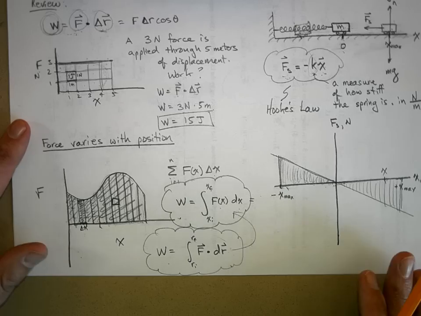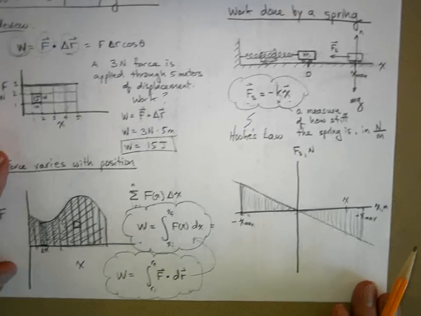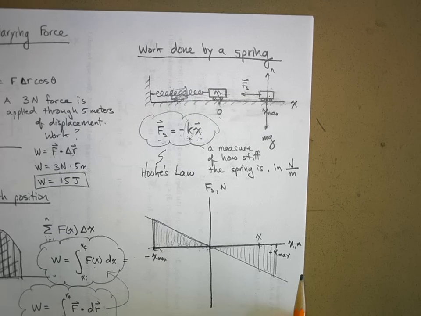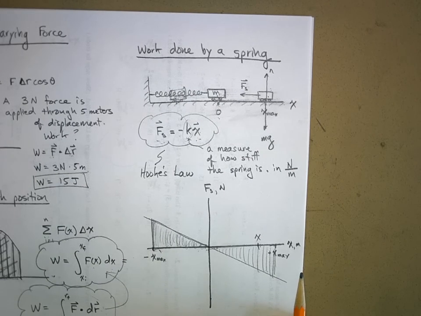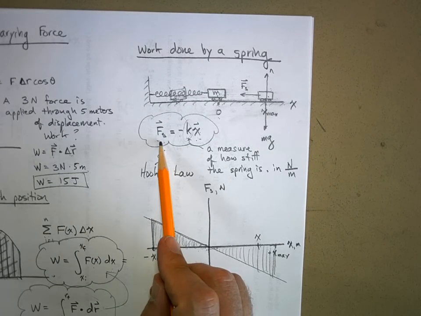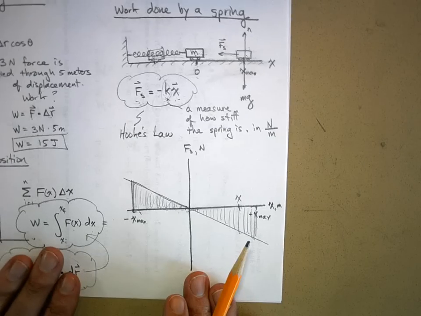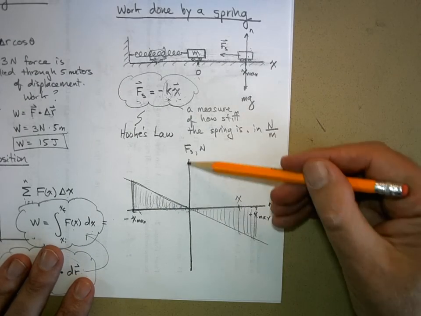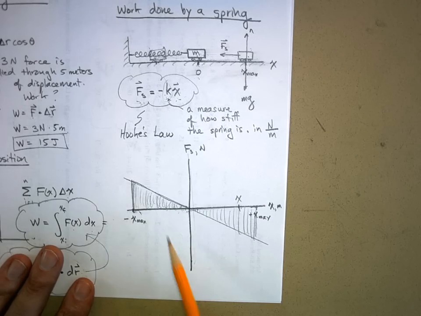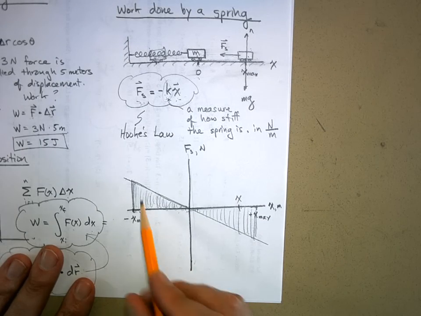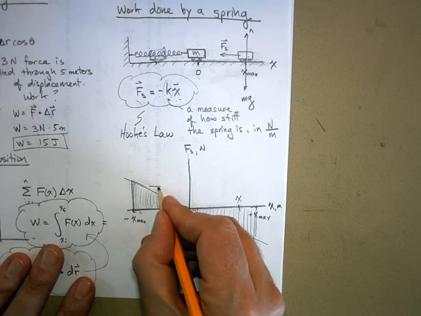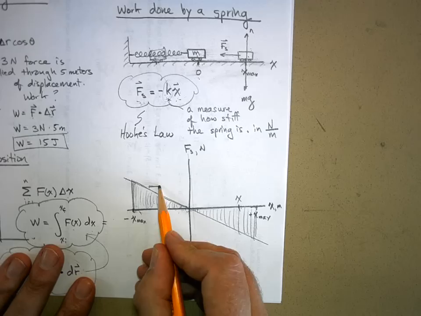And one of the most important applications of work done by a varying force is a spring. Remember Hooke's law, the force of a spring is negative kx. And so we can graph the force of a spring here. Oh, one thing I didn't really mention, the slope of this line is your spring constant.